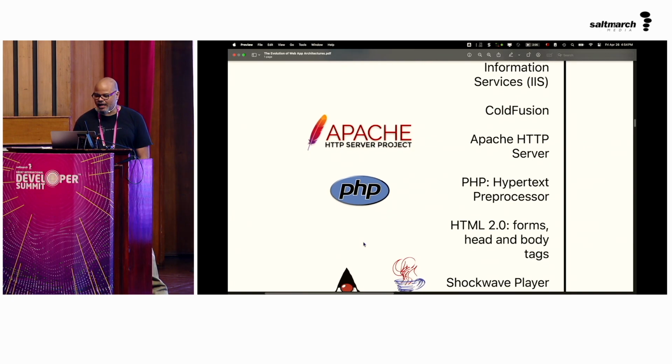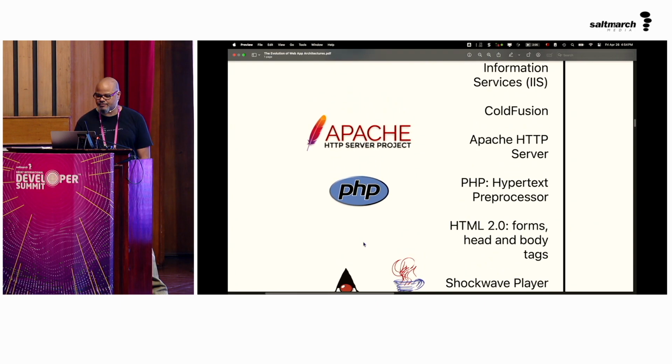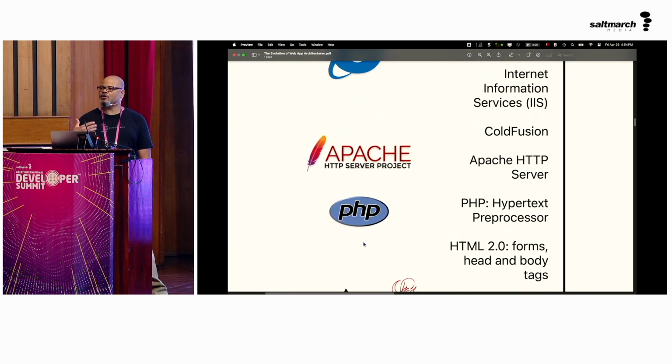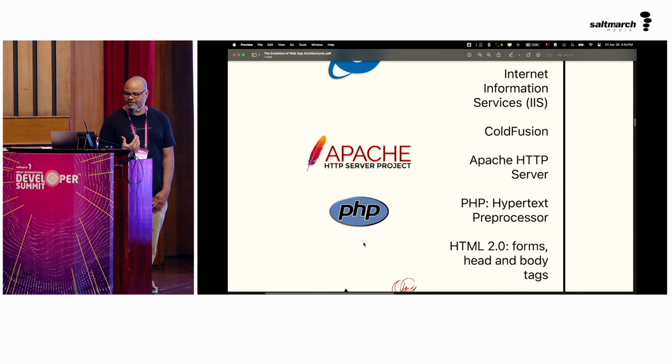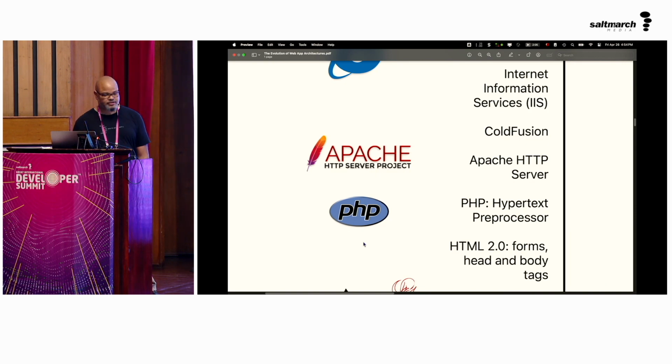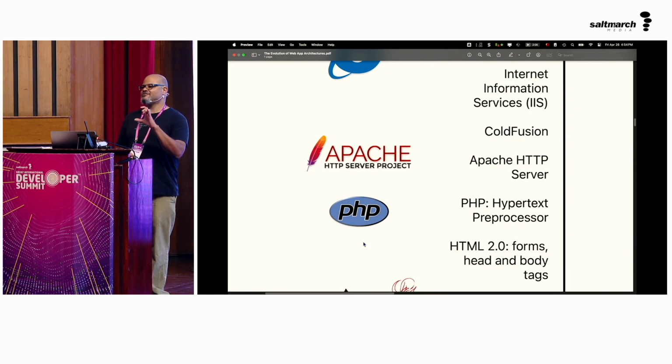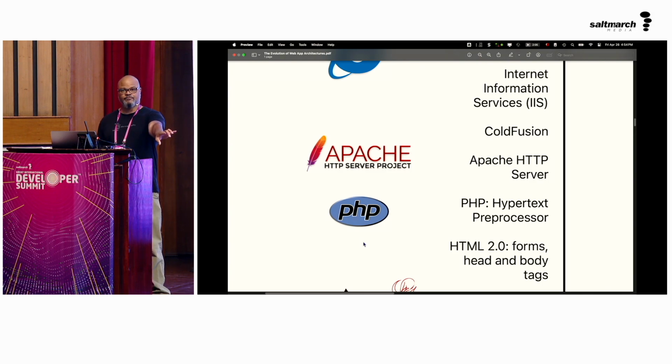And at the same time, HTML2 came out. And HTML2 was very significant because it gave us this very, very important thing here called forms. Okay. So remember, we're at a point where we basically have single documents, right? You can make a request, you can get some data back.